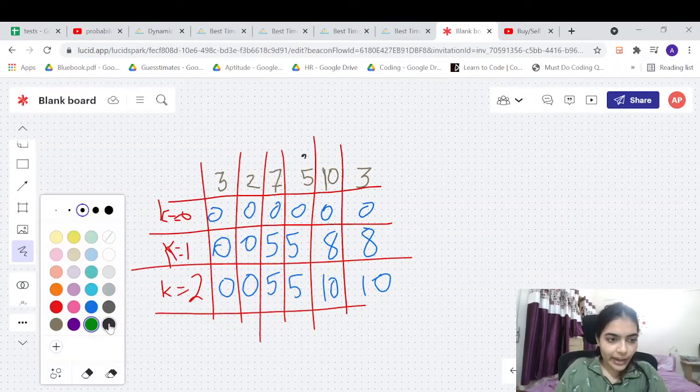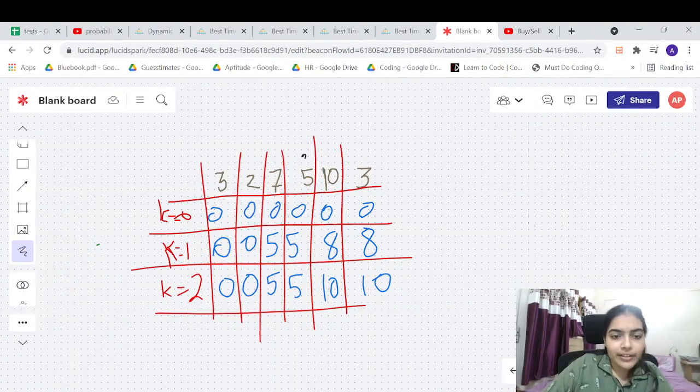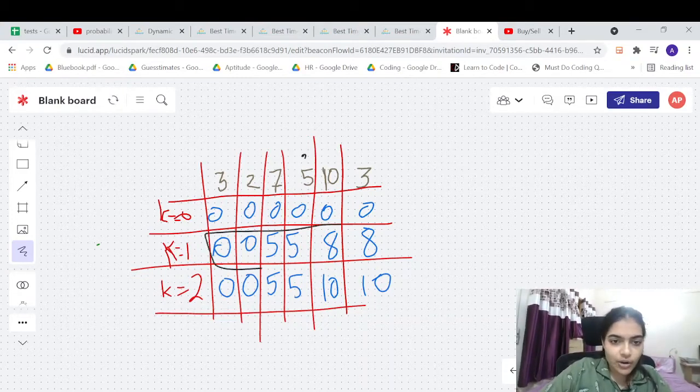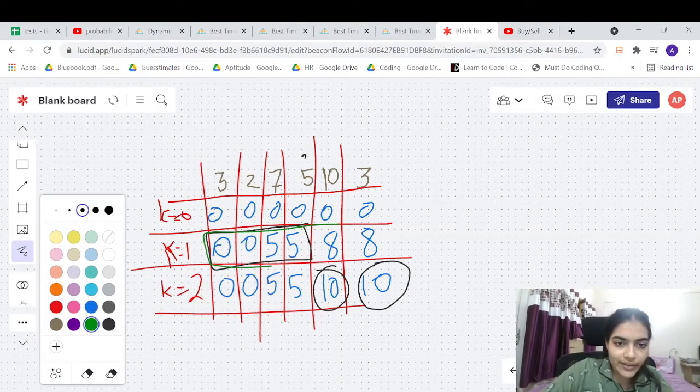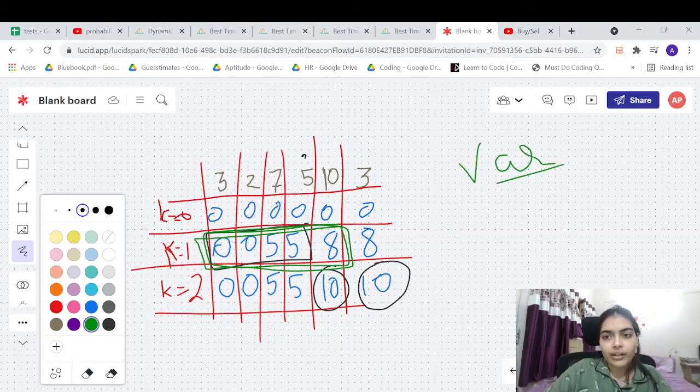For example, when we are calculating for every value, let's say we are calculating for this cell, what are we doing? We are seeing all these previous cells. Every time we are calculating for a cell, we are seeing all the previous cells. Next time when we are calculating for the next cell, we are again repeating all these cells as well as adding a new cell, to calculate the value of the variable var which we have taken.